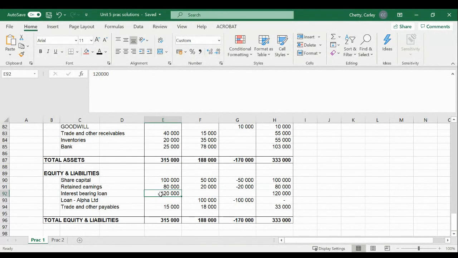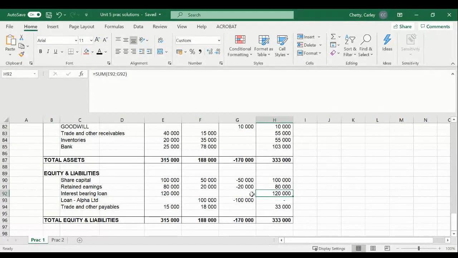Then let's have a look at the interest-bearing loan. So in Alpha's separate financial statements, it shows an interest-bearing loan of 120,000 Rand. And Beta does not show an interest-bearing loan. So when we combine this, you will see in the consolidated financial statements, we have an interest-bearing loan of 120,000 Rand.